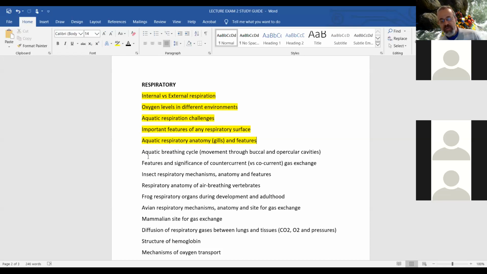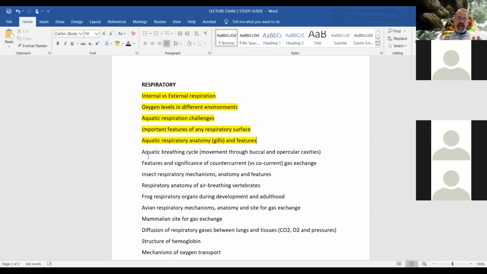If you think of the pressure-volume relationship, increased volume decreases pressure. Water or air goes from an area of high pressure to low pressure. So for water to come into the buccal cavity, that cavity has to enlarge, which lowers the pressure, and water comes in.